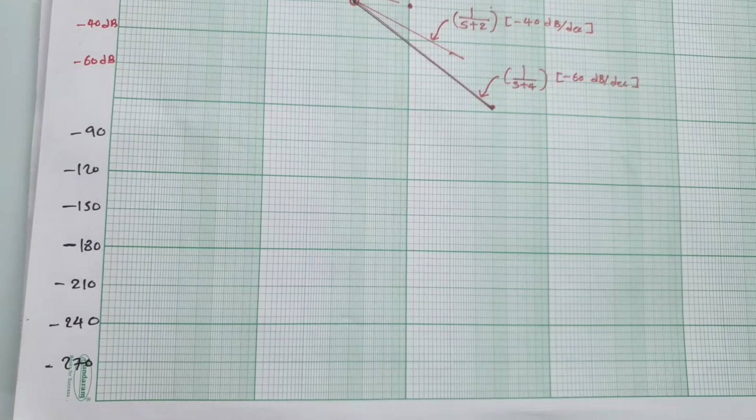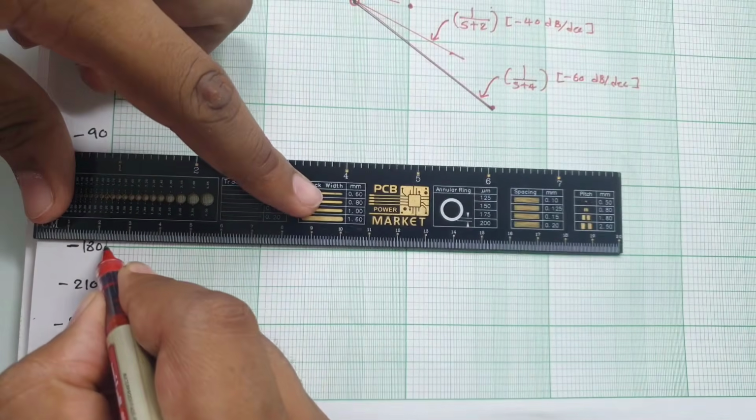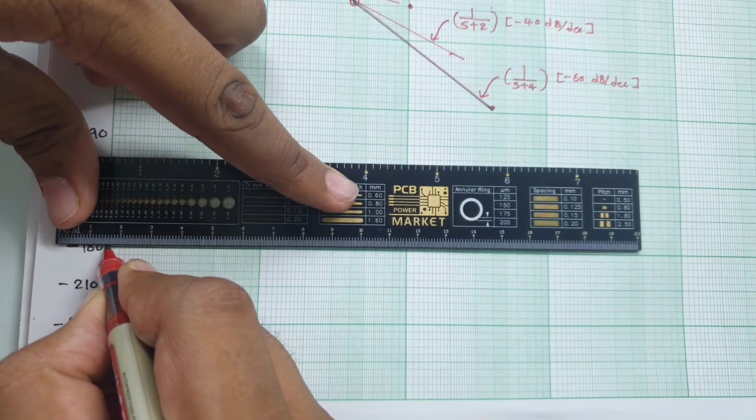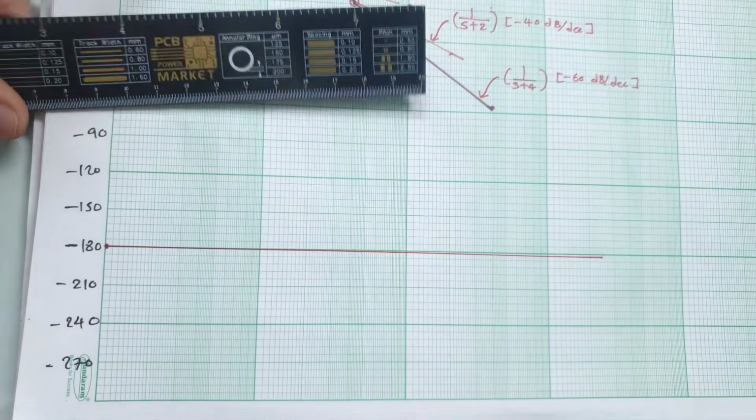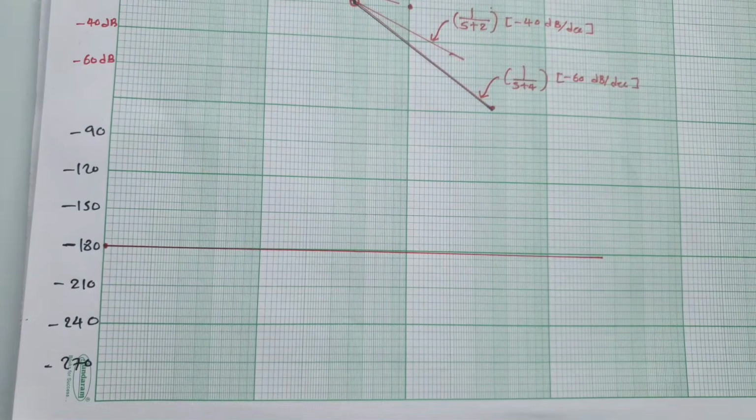This is how it is there. And see, minus 180 degree should be our reference. So for phase crossover frequency, I need to have this. So I am stretching a line from minus 180 degree.